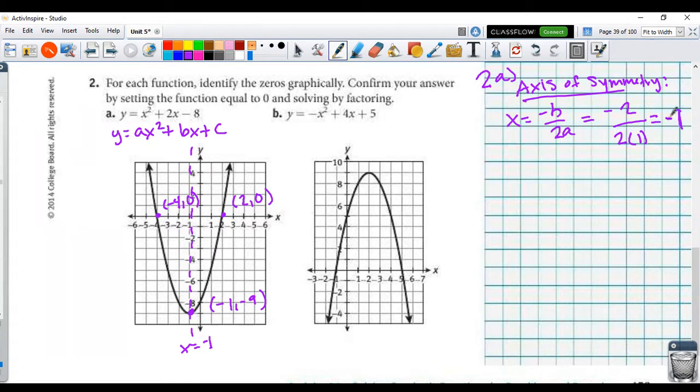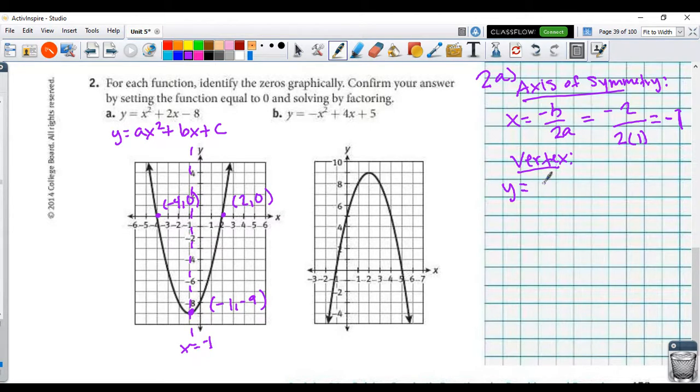Now we can use that axis of symmetry to find our vertex, because we know that the axis of symmetry cuts through the vertex, so they should share the same x value. The x value of the axis of symmetry should be the x value of the vertex. So we're going to use the axis of symmetry, plug it into our equation, and then we'll find the y value of the vertex.